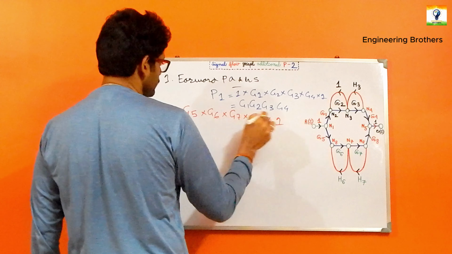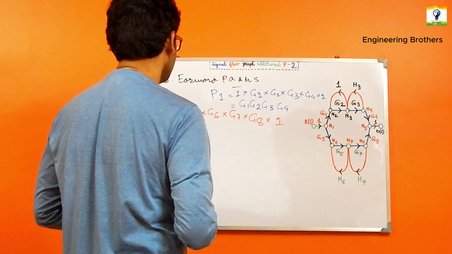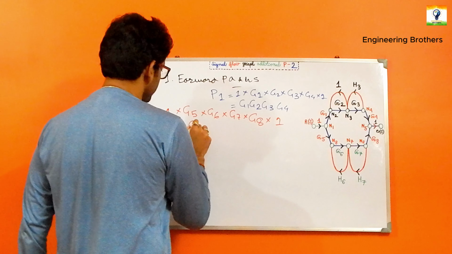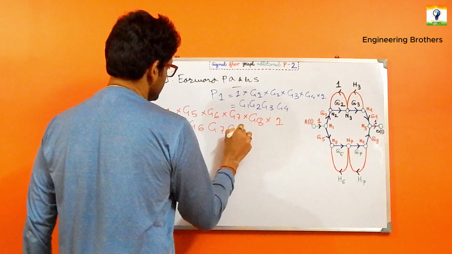If you multiply these factors, we get the forward path gain, which is naturally G5, G6, G7 and G8. This is our second forward path.